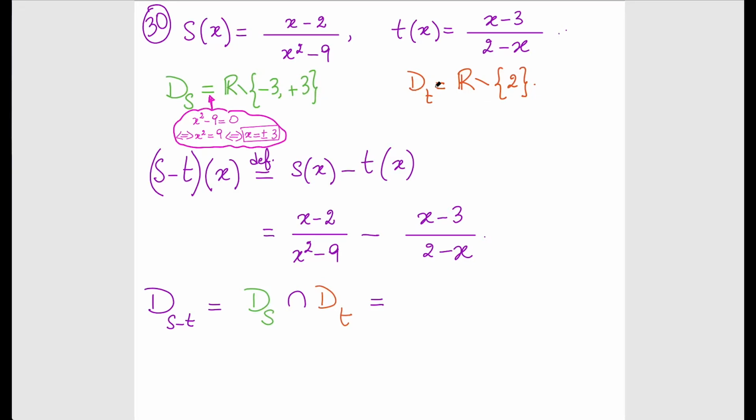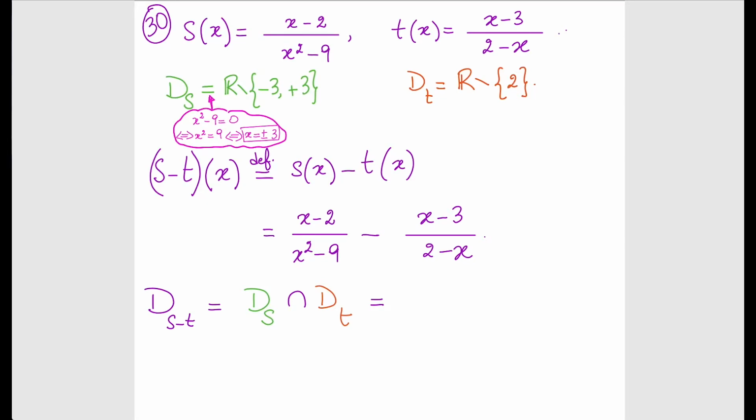Who's in the orange set, the domain of the function T? Everybody except 2. Correct? So who's in the intersection then? Who belongs to both of them, to the green set and to the brown set? Those are all real numbers that are neither minus 3 nor plus 3 nor 2, right?